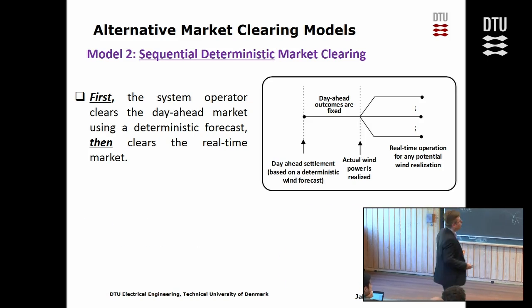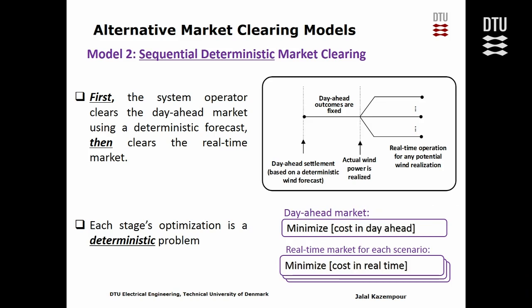Is it clear? So it's a two-stage process, with two different optimization problems. First, in day-ahead, we minimize the system cost based on the forecast we have. We fix the day-ahead decisions. Then in real time, maybe this scenario happens, maybe the other scenario happens. So based on the real realization of the wind, or the most updated wind forecast in real time, we need to clear the real-time market and find the balancing actions, again at the minimum system cost.